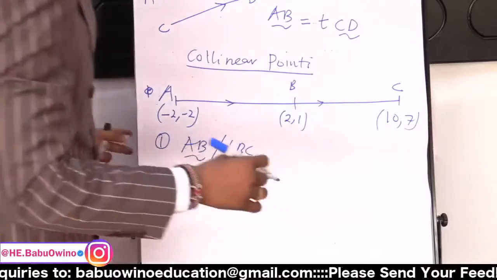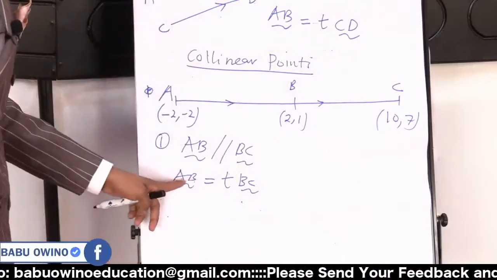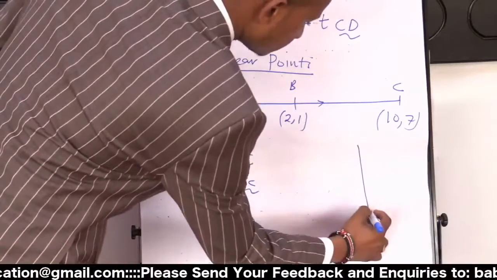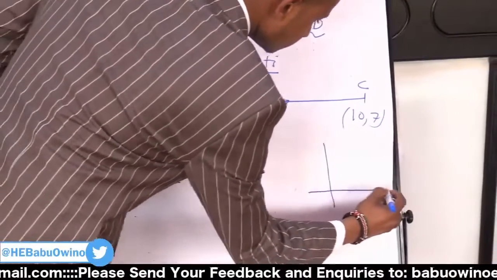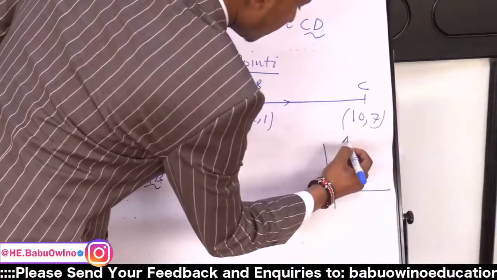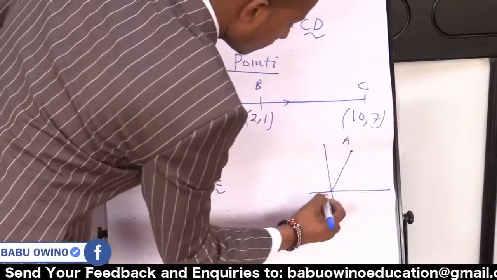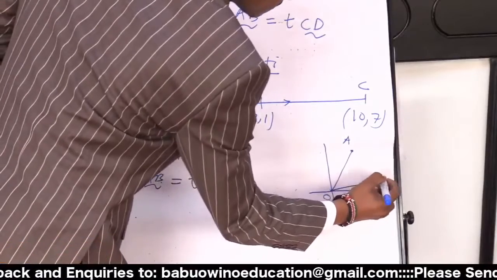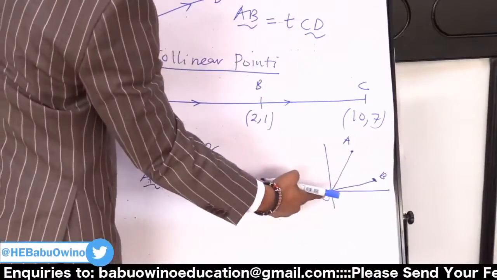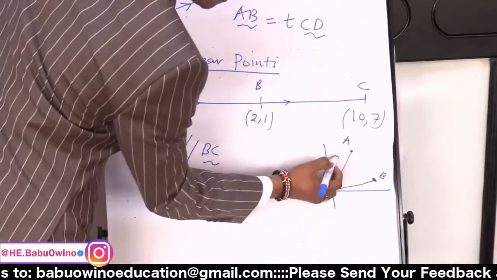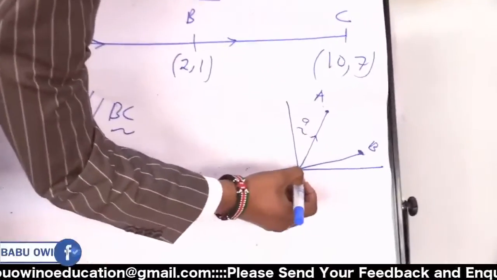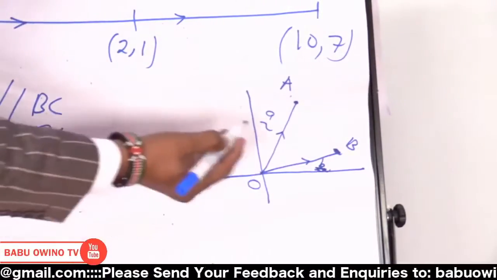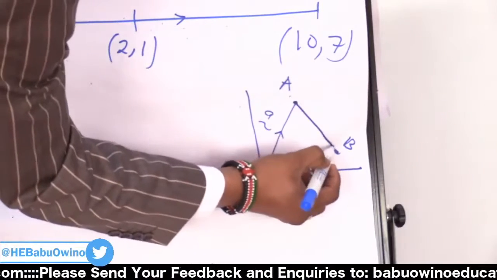Therefore, vector AB, what does AB mean? Let me take you back a little bit to tell you what AB means and what BC means. If you have a Cartesian plane and you have a point A, let's say OA, and then a point B. From the origin, the position vector of OA is given as A, while the position vector of OB is given as B. So how do we get vector AB?